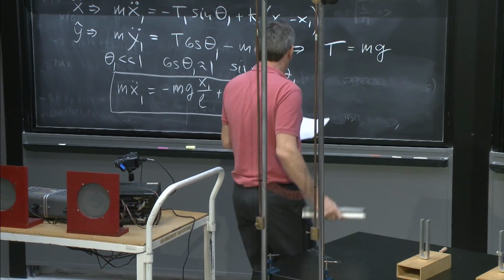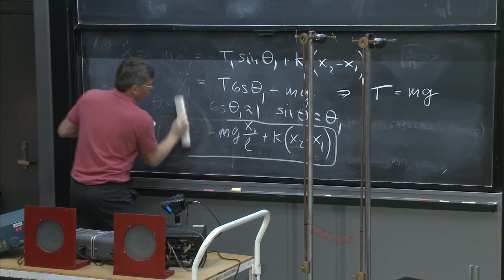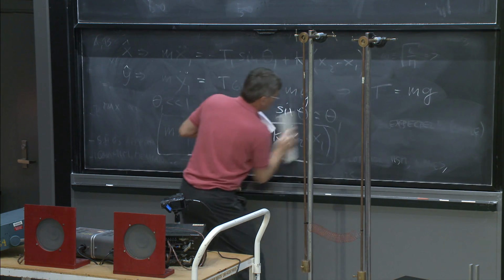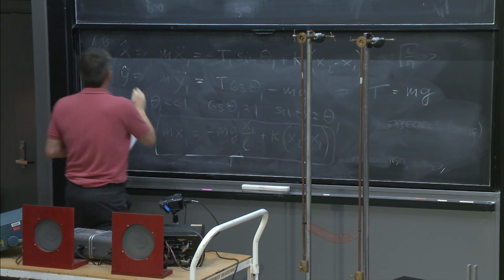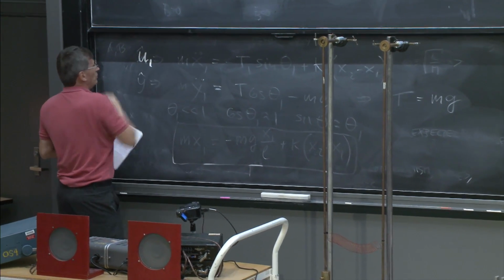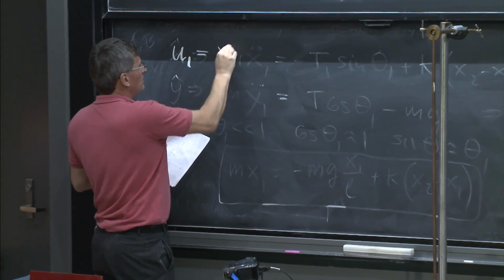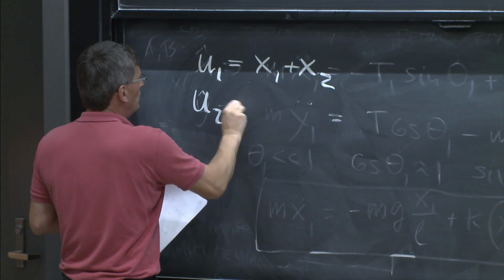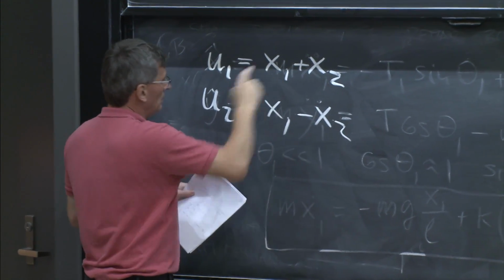You just rewrite the equation in terms of new variables. So you do a change of variables. Instead of keeping track of x1 and x2 independently, you define u1, which is simply x1 plus x2, and u2, which is x1 minus x2.